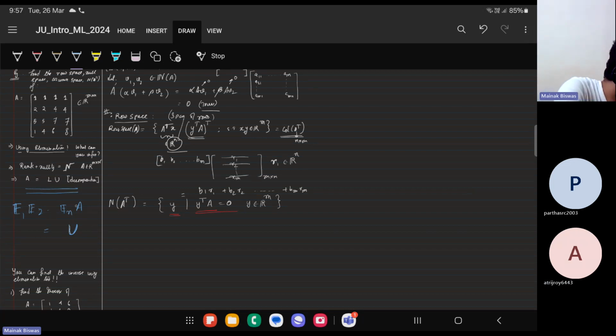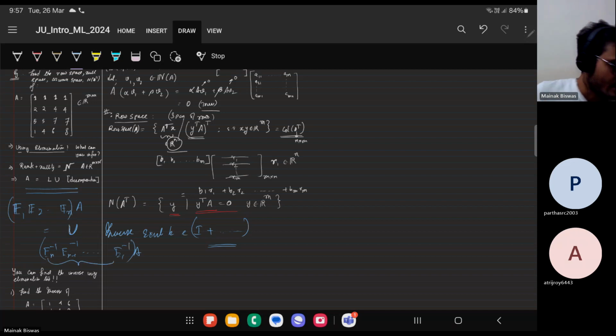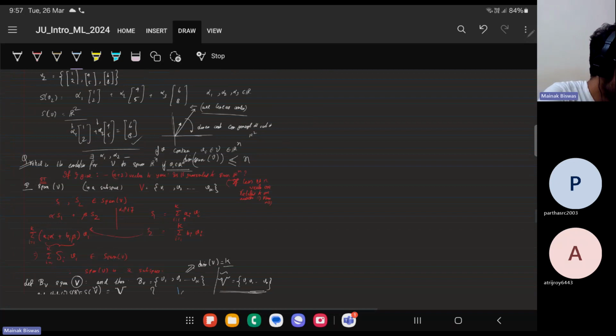We will do multiple row elimination like we did last time. Just take the inverse of this. Inverse exists for elimination matrices, because it is some identity matrix plus some matrix. Inverse will exist. So you will have En inverse, En minus 1 inverse dot dot dot E1 inverse A. What are E matrices? I'll give you a simple example.